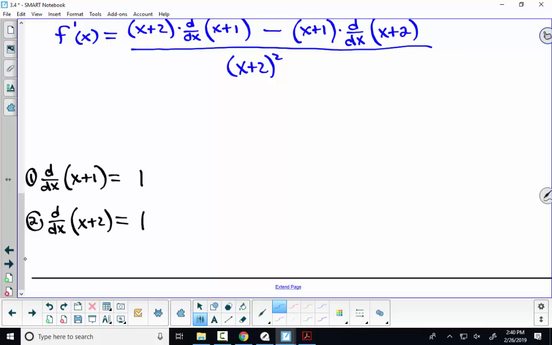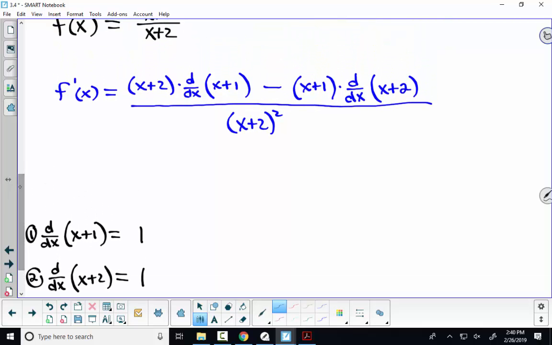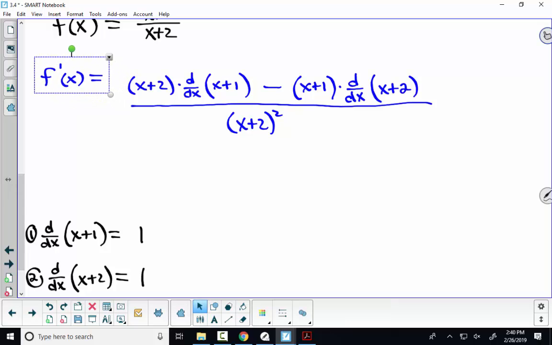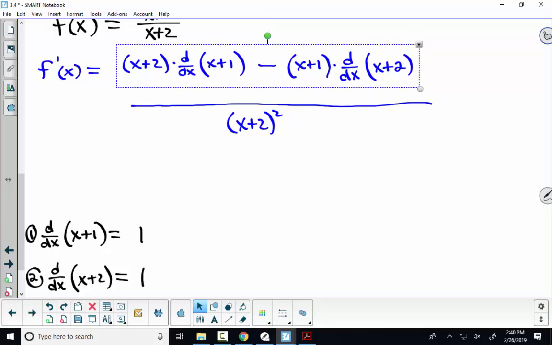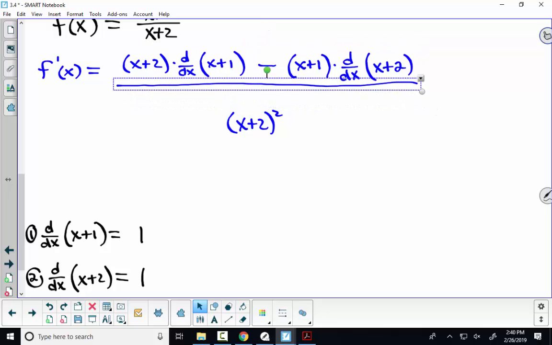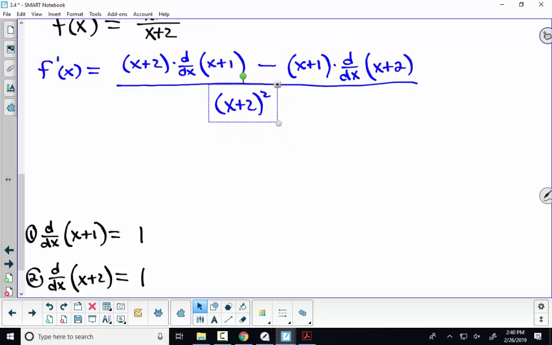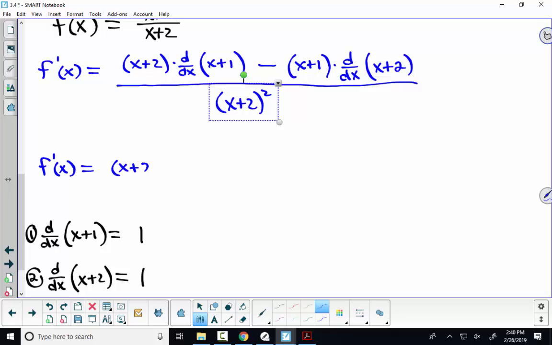So then we want to put those back into our derivative. We've already determined the derivative formula for the quotient. So I'm going to put this stuff in appropriately. We have f prime is x plus 2 times 1, minus the quantity x plus 1 times 1, all over x plus 2 squared.